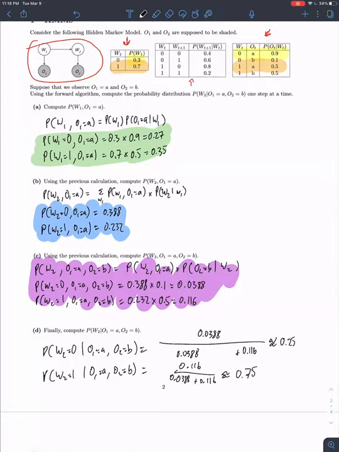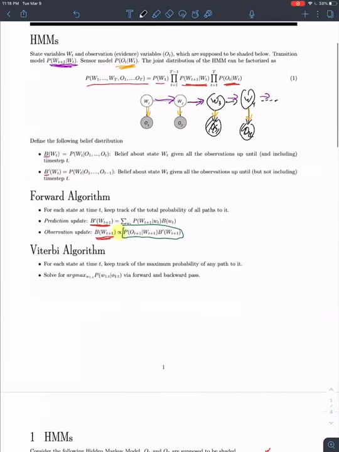So that's that problem. And how is that related to the forward algorithm? Well, remember the forward algorithm had the B primes and the Bs.